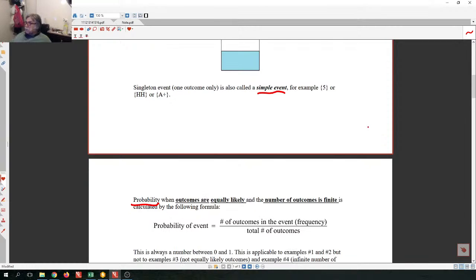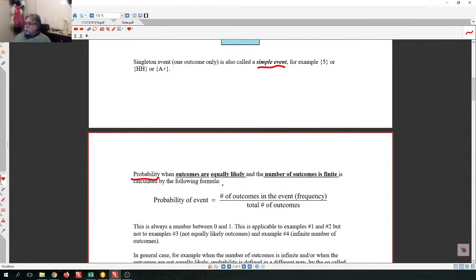But in a case where the number of outcomes is finite and all of the outcomes are equally likely, we have a very simple formula for probability. Probability is only considered to be a probability of an event.